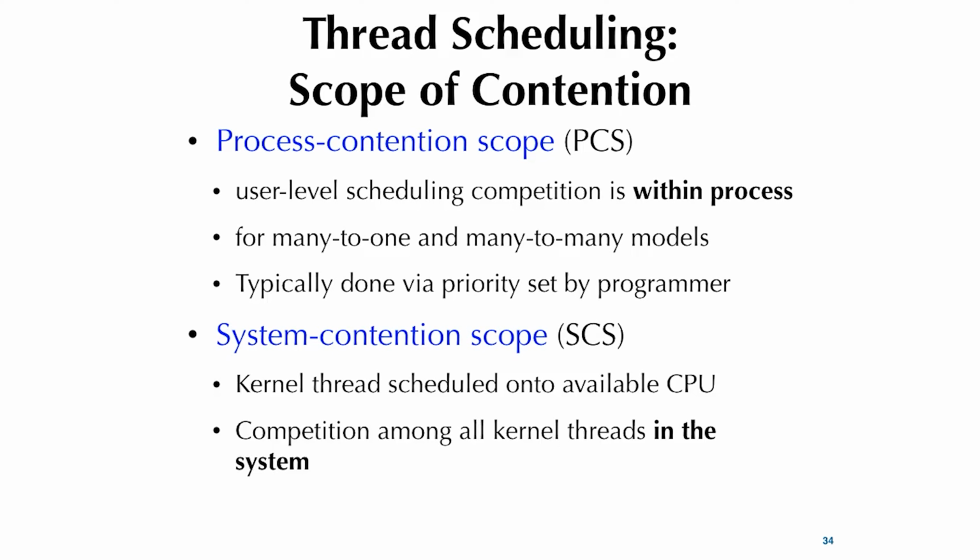Okay, so to do thread scheduling, now you need to consider some factors. It's called a scope of contention, because you are competing over resources against somebody else who's sharing the same resources in the same process or the same processor. So if you're doing only user level threads, that means it's running within the process.